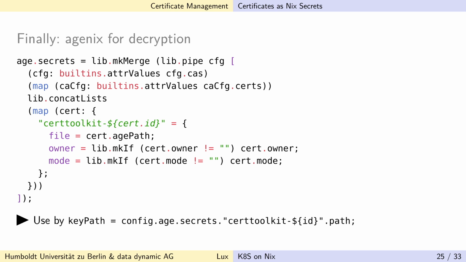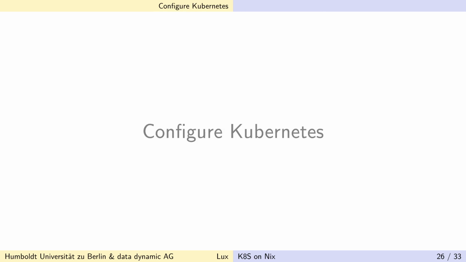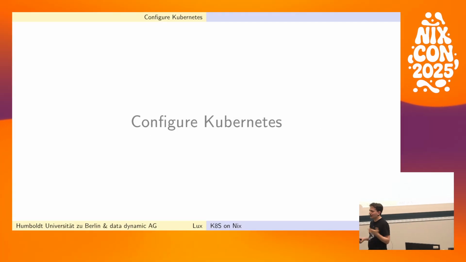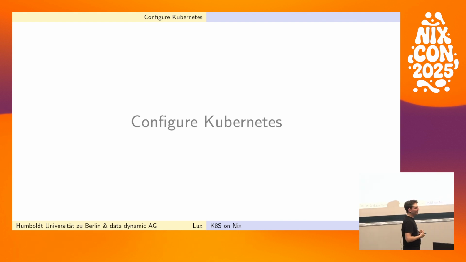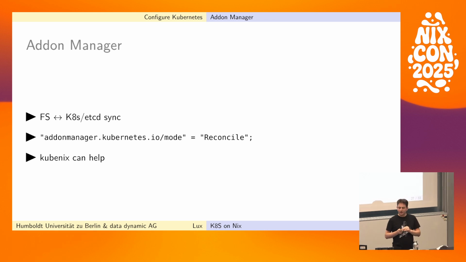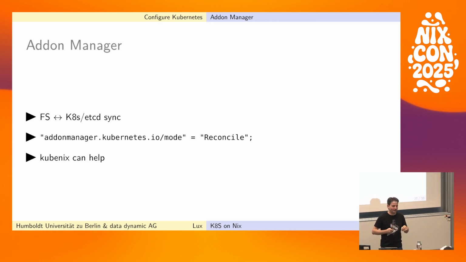So the other thing that I really wanted to do then is, because my cluster is still not done, there are still a lot of YAML files I need to apply first, for example, when I set up a test cluster. So there's this very cool thing that is called the addon-manager. The addon-manager is basically a very, very simple shell script packaged in Nix that synchronizes a file system with my cluster.